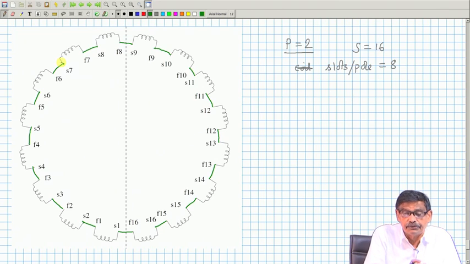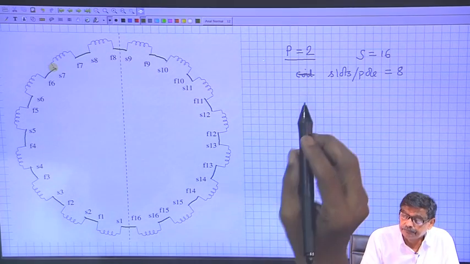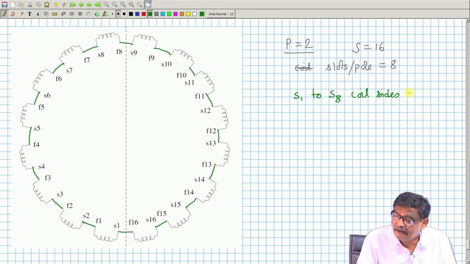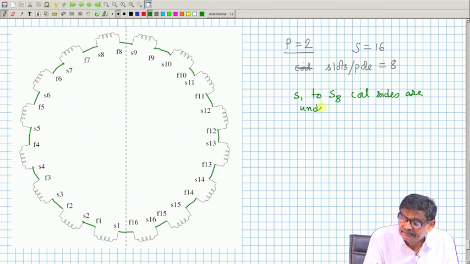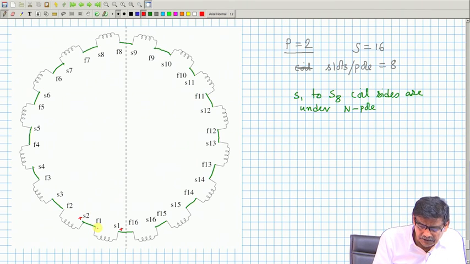I have taken a snapshot when these 8 coil sides, that is S 1 to S 8, are under, say, north pole, and direction of rotation is such that polarities of S 1, S 2, if S 1 is plus, F 1 must be minus, because F 1 is the other coil side, must be under south pole.